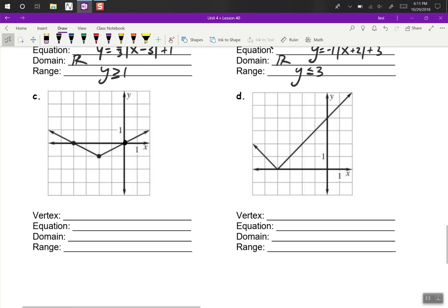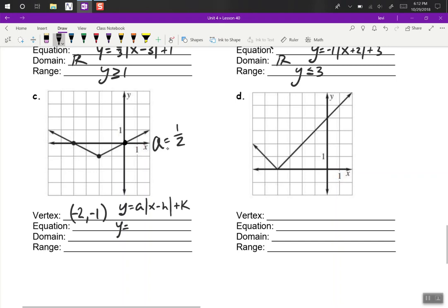This next point has a vertex at negative 2, negative 1. So to go from our vertex to the next point, that's our a value, our slope is up 1, right 2, so our slope is 1/2, so our equation then is going to be y equals, and here's the general form, right? Y equals a times the absolute value of x minus h plus k.